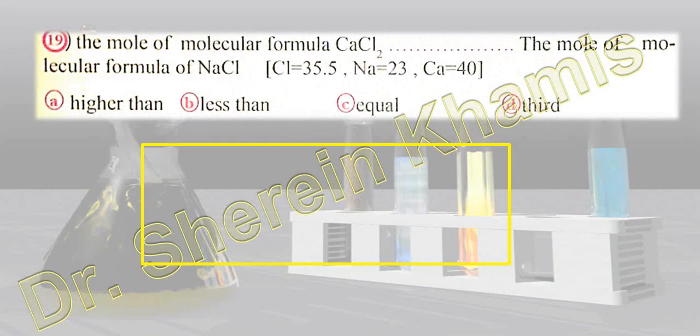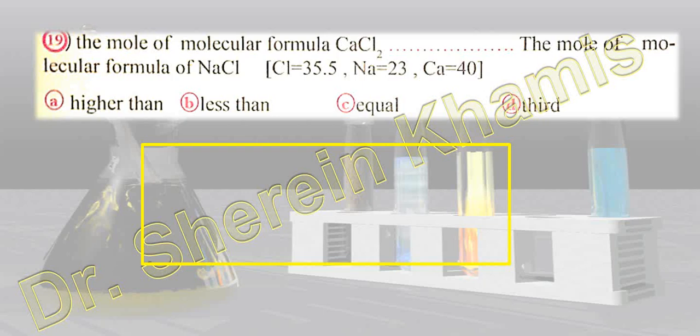Here we have question 19, which says to compare the mole of molecular formula CaCl2 with the mole of NaCl. We have the atomic mass of chlorine 35.5, sodium 23, and calcium 40. We will calculate to make the comparison between them.